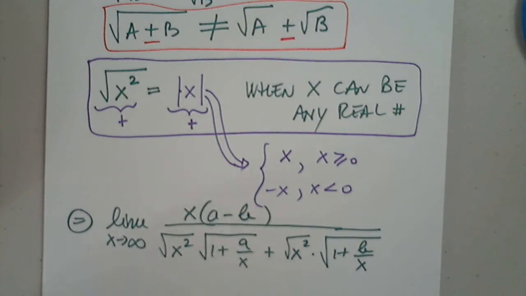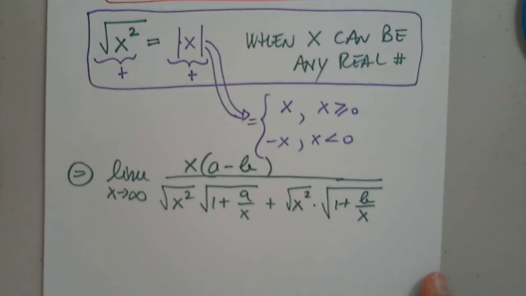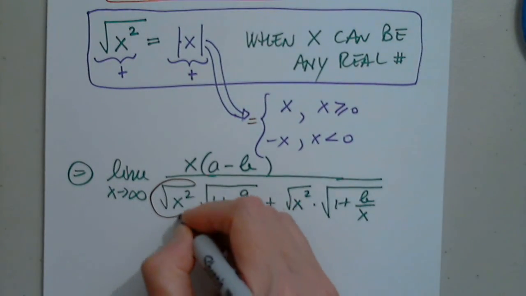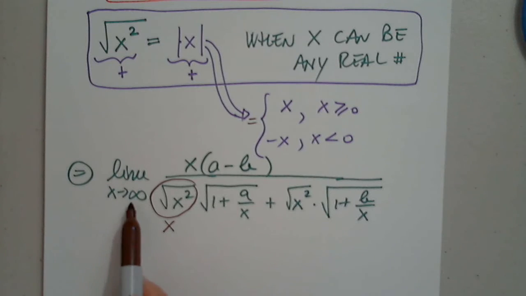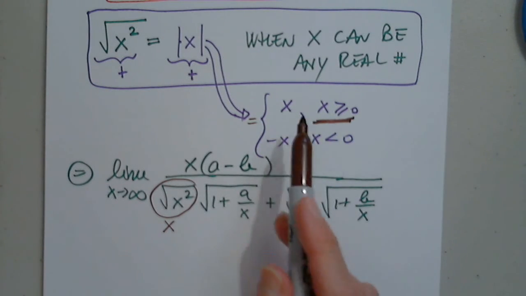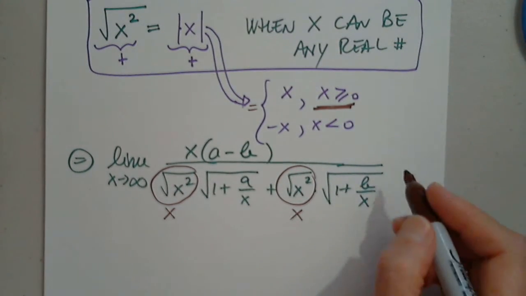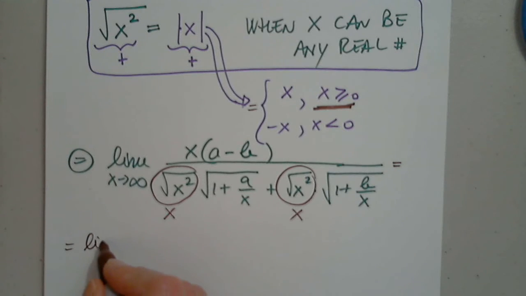In this example, it does have two options, but in this example, only one makes sense. Which one? X. Yes, this has to be replaced by x because x approaches infinity, which means the first branch. And this is replaced by x for the same reason. Okay, one more step.